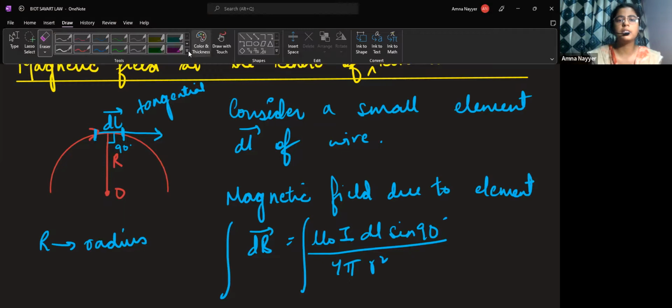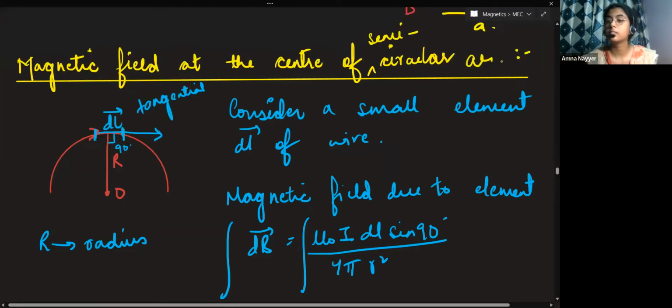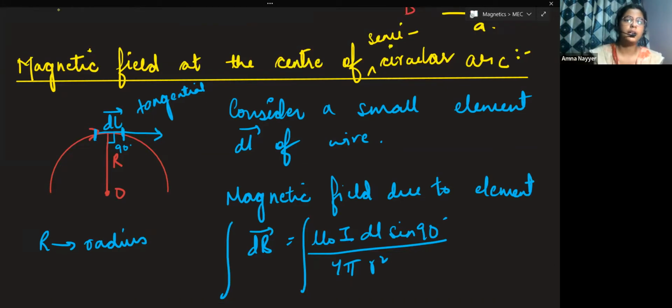Now we have a semicircular arc. Arc is given. Alright, let me redraw the figure.